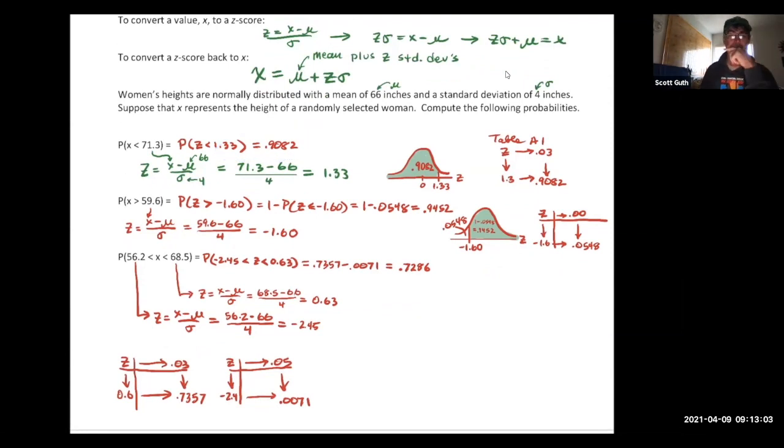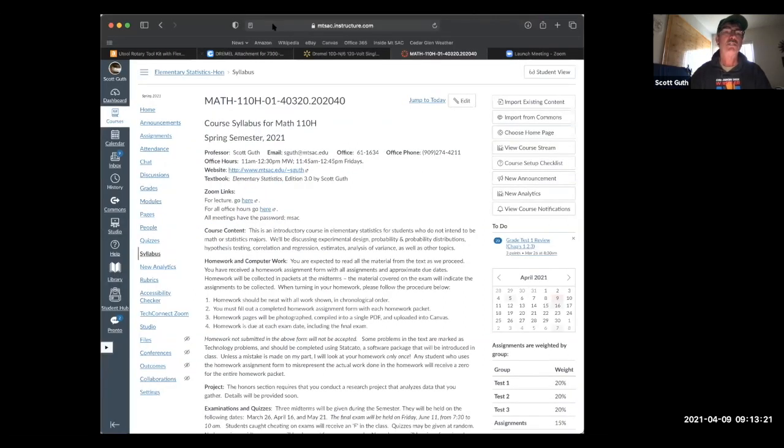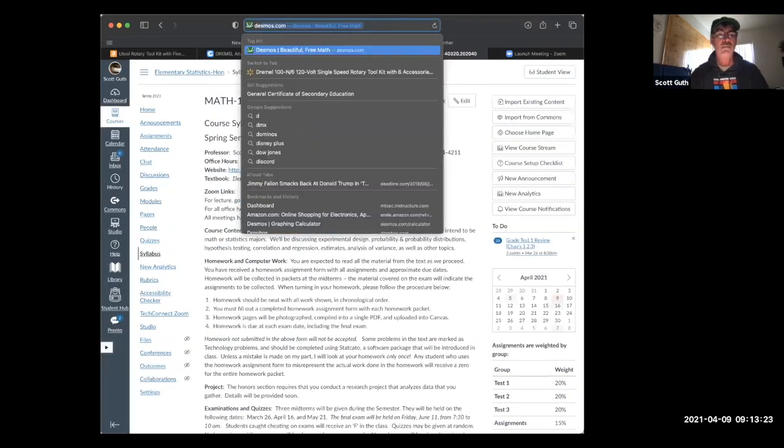Now, again, to me, this is all really tedious, and I think it's worth just looking at Desmos real quick. So let me share to my browser and punch in Desmos.